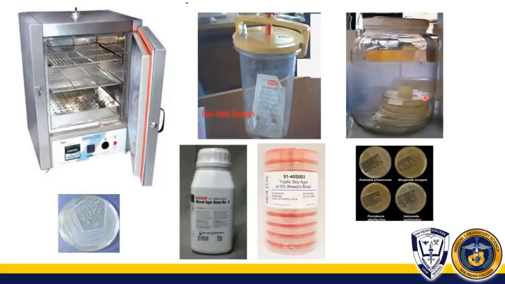So there are certain bacteria that may require carbon dioxide. Why do we need to grow them in a solid medium, an agar-based medium? And what are the ingredients needed for them to grow?